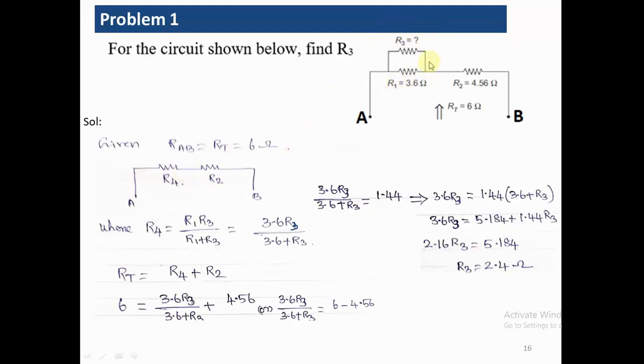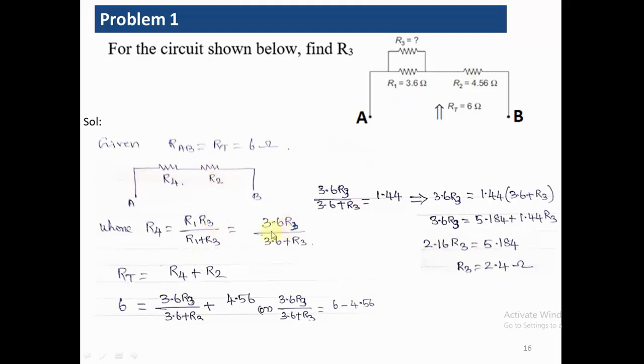We have to consider this as the equivalent resistance R4, which is going to be a parallel combination of R1 and R3. So the formula is R1 R3 divided by R1 plus R3. The unknown value is R3, and we know that it has to be connected in series with R2 also.